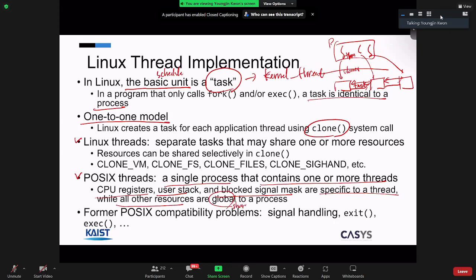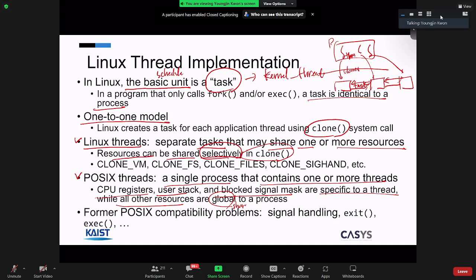For example, the file descriptor table, heap, text, data, and code are shared, right? That's what you learned in the process concept. For Linux, no, not exactly. Linux has its own implementation of threads, and it is nothing but a separate task, and tasks may share one or more resources. The resources can be shared selectively in clone.